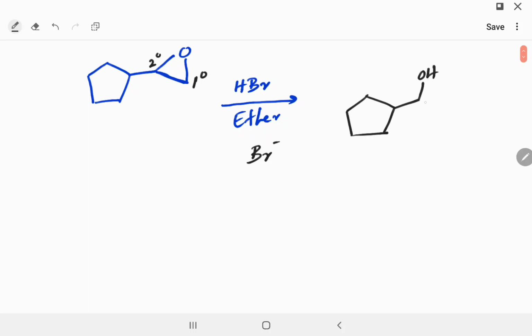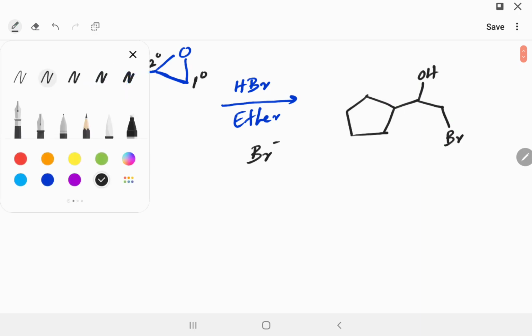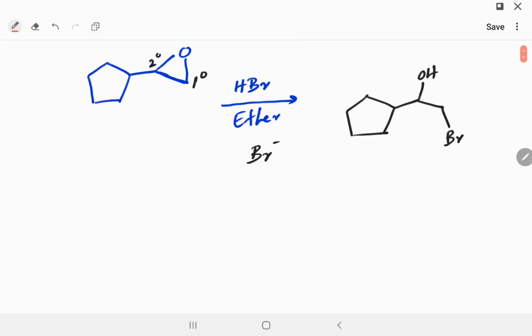The secondary carbon will have the OH group, and the primary carbon will get the nucleophile bromide. Whenever you are predicting products, always make sure to categorize the carbons attached to the epoxide ring. That is the most important thing.